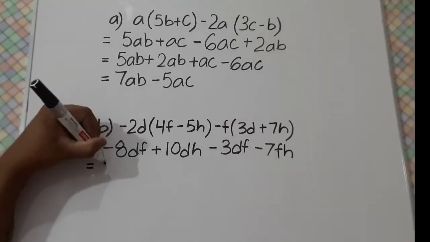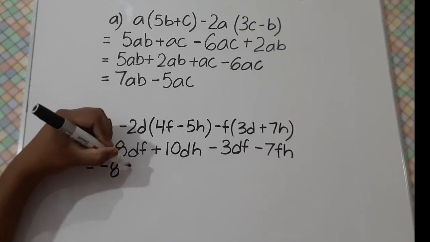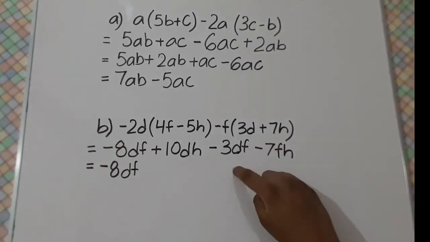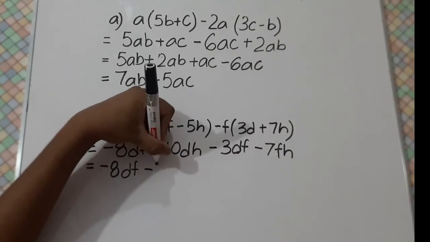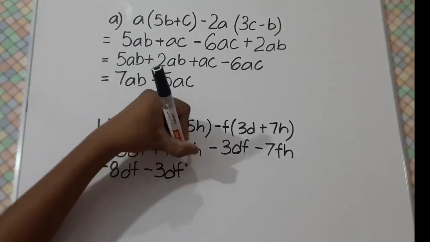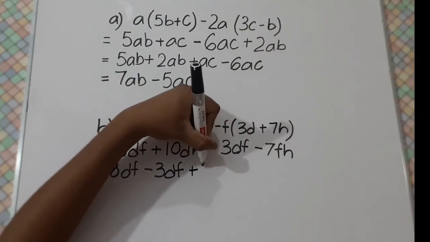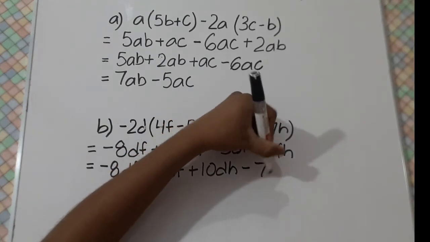So we are going to first write minus 8DF, and I'm going to shift minus 3DF over here. Then the rest of the terms would be written as they are: 10DH and minus 7FH.